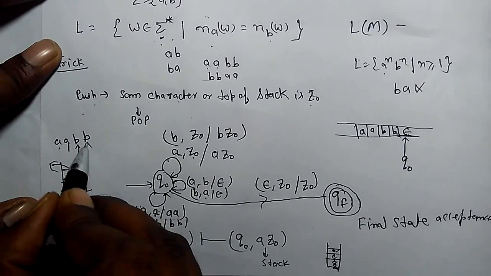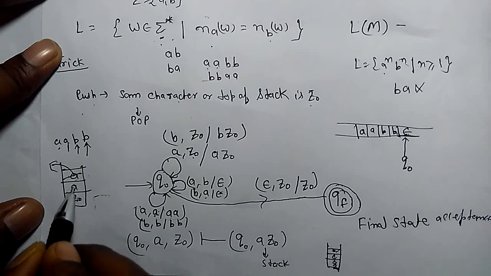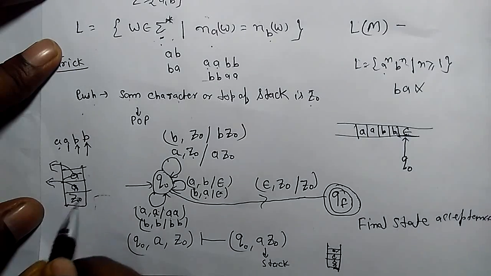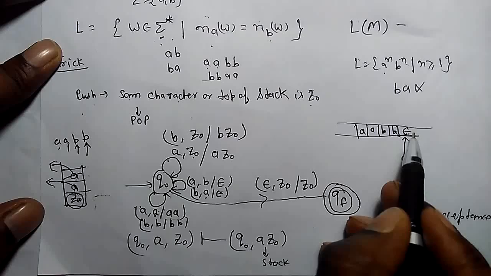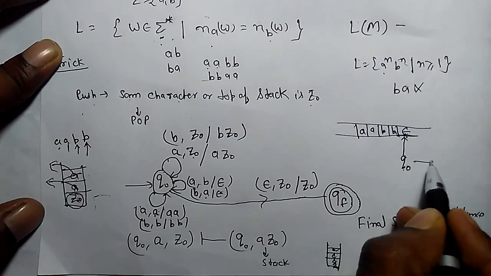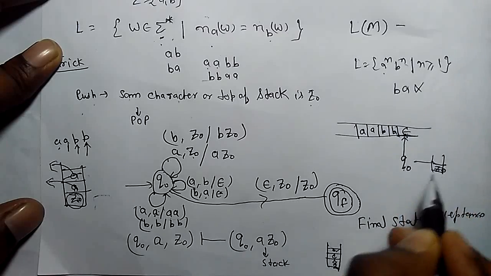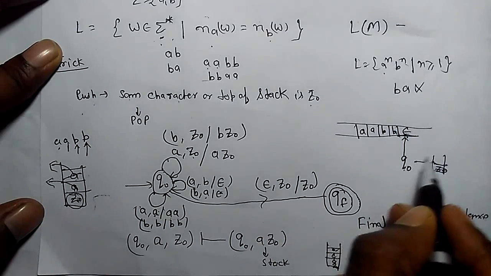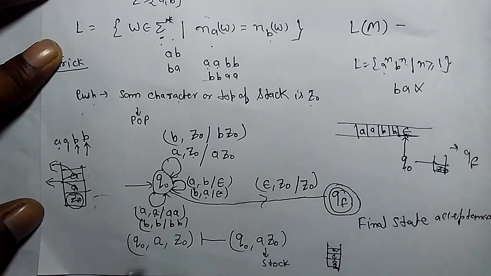Now again you read B, the top of the stack is A, you perform pop operation. Now the last symbol is Z0 and you have reached epsilon. When you read epsilon in q0 and the top of the stack is Z0, then you reach a new state, qf, which is the final state. This is final state acceptance.